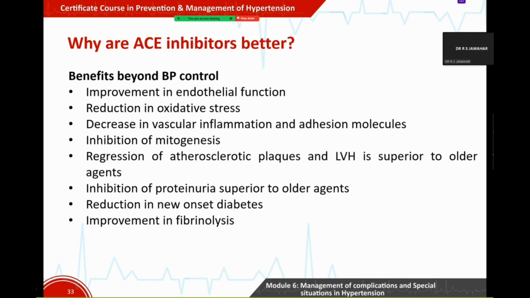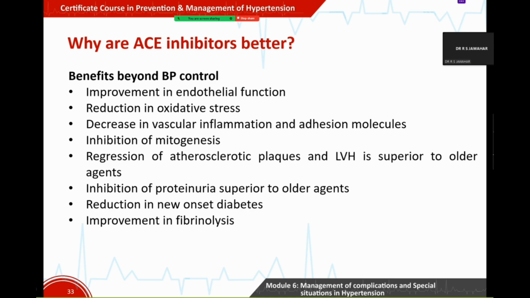Why are ACE inhibitors better? Because of the improvement in the endothelial function. So they not only reduce the blood pressure, they are vasculoprotective, renoprotective, cardioprotective. So for proper cardioprotection, renoprotection and vascular protection, we have to use these ACE inhibitors or ARBs.